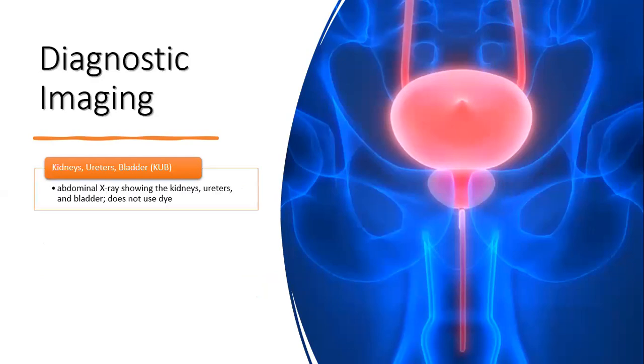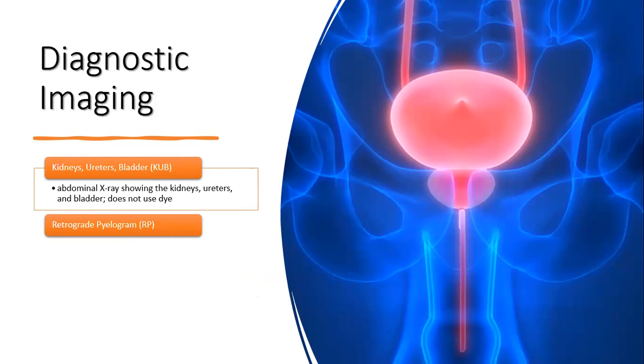KUB: kidneys, ureters, bladder, an abdominal X-ray showing the kidneys, ureters, and bladder. It doesn't use dye. It's the simple X-ray for the abdomen when the patient is lying.